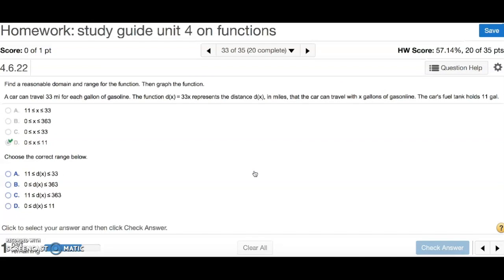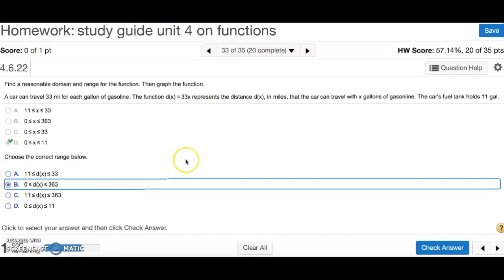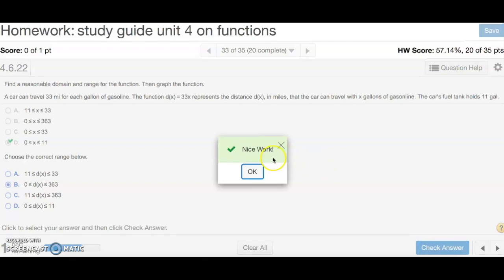So what we do is we substitute in 11 in for x and 0 in for x, and see the largest amount of distance we can get with those miles. So 0 times 33 is obviously 0, and 11 times 33 would be 363, so it's going to be between 0 and 363 for the distance, for the range.